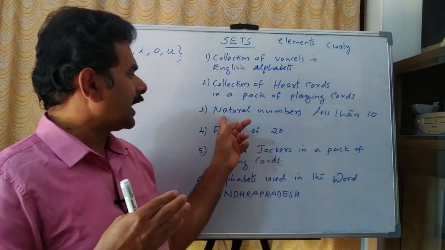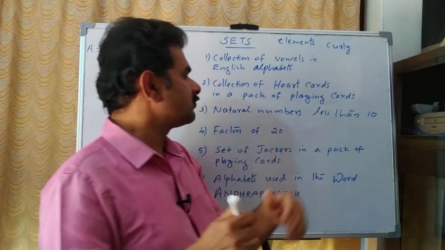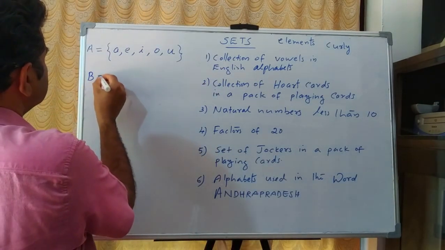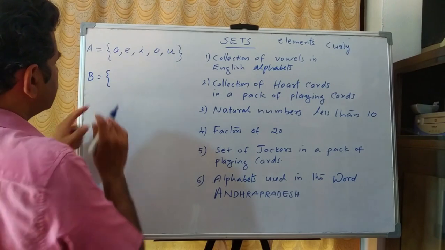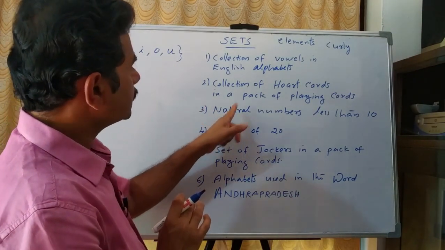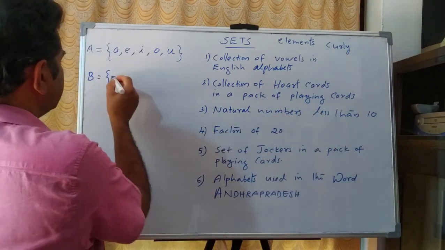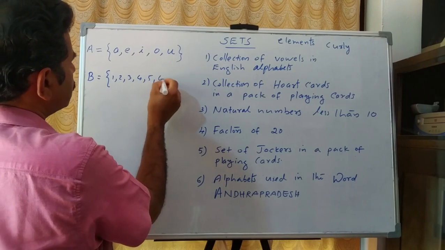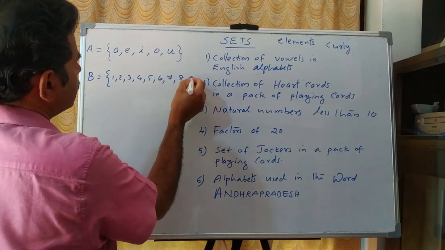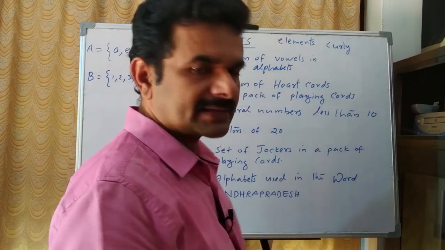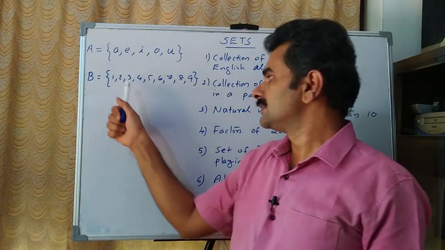Yes. So natural numbers less than 10 means what? Let us name another set B by using this curly bracket. Natural numbers less than 10 means what? 1, 2, 3, 4, 5, 6, 7, 8, 9. Less than 10. So this is another example for a set. These are the elements.